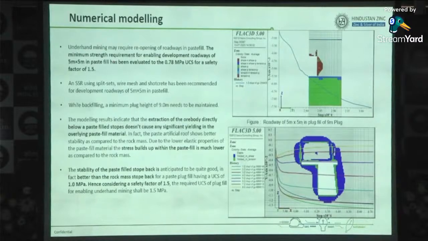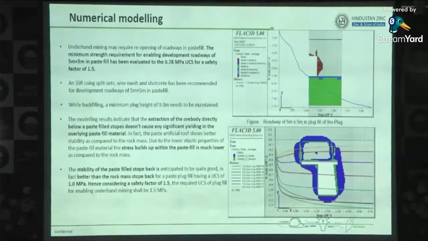Once we achieve 780 kilopascal, like 0.780 megapascal strength of paste, it is a safe strength to develop inside the paste fill. Sorry, we are getting 1.5 MPa somewhere, 2 MPa after 28 days. After 28 days of paste fill, when the plug has cured, we wait 28 days and then do development inside the paste fill.